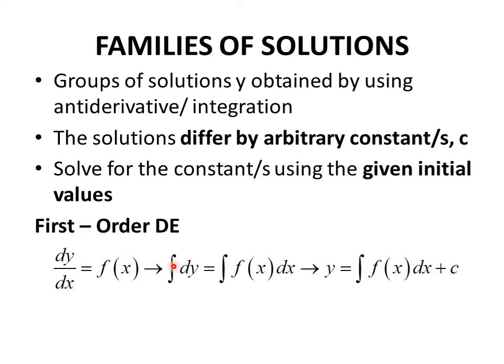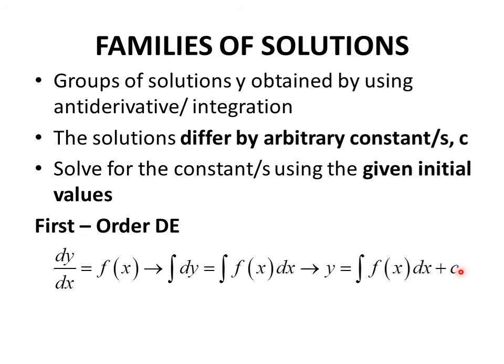So the integral of dy, so on the left side, the integral and the derivative will cancel out. So we are left with y. And on the right side, we can copy this expression. So we have the integral of f of x dx. Since you have to integrate this expression, you have to add a constant c.